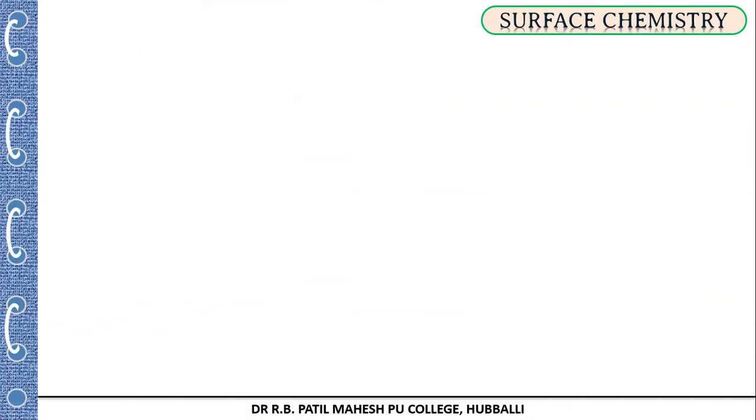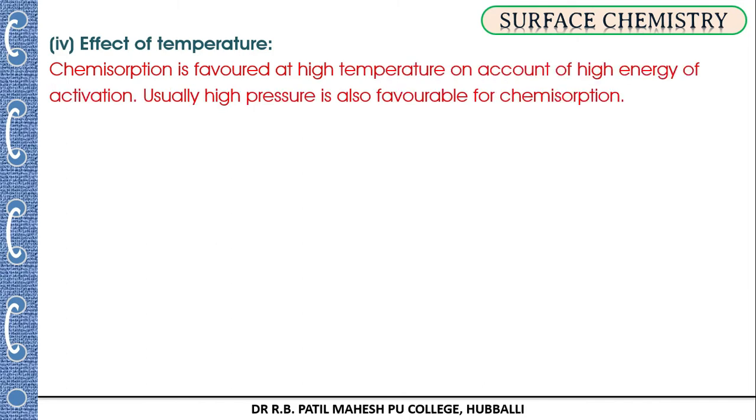Effect of temperature. Chemisorption is generally favored at very high temperature on account of high energy of activation. Usually even high pressure also favors the formation of chemical bond and thereby chemisorption.